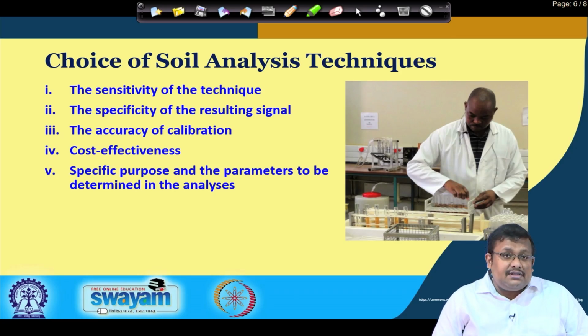Now, cost effectiveness is another important issue. There may be numerous solutions for a particular problem. However, we have to select the one which gives the best possible solution at a reasonable cost. So, depending on your budget, you can select the most cost effective method for determining the different pollutants.